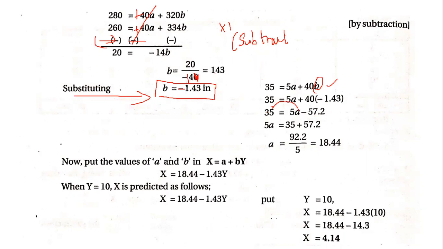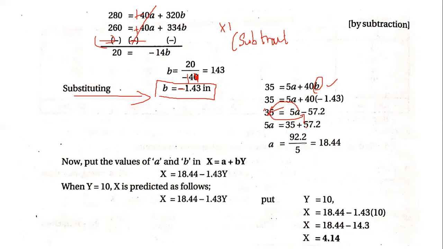So I'm going to take 35 to the other side and 5a to the other side. I'm just exchanging the sides here. So what do I get? 5a is equal to 35 plus 57.2. Now to find the value of a, how much do you get for 35 plus 57.2?